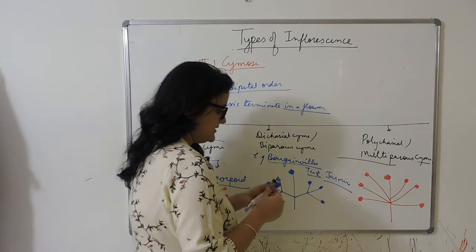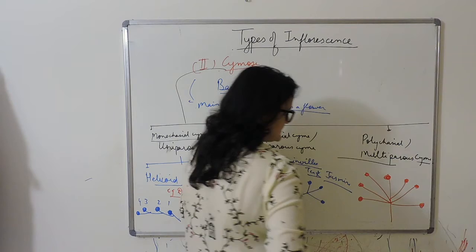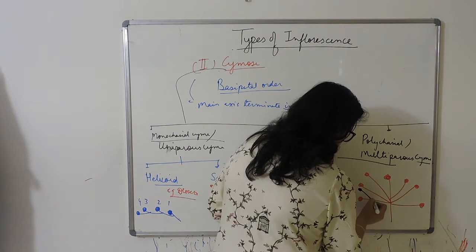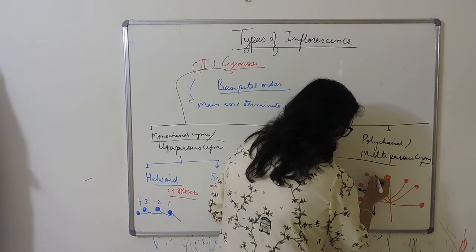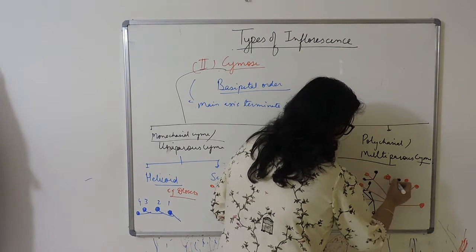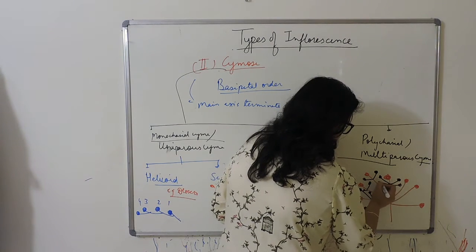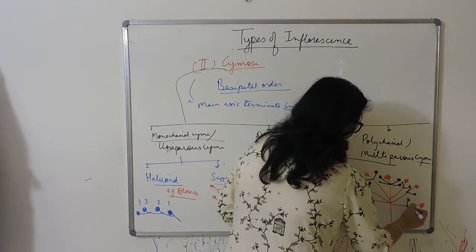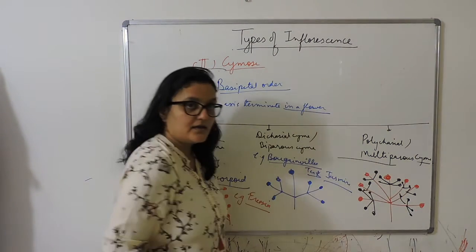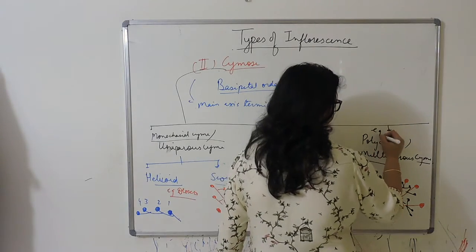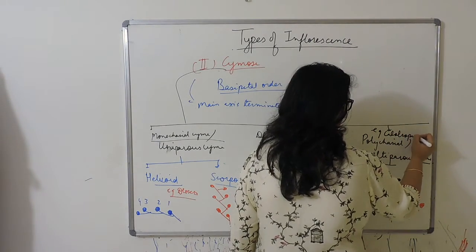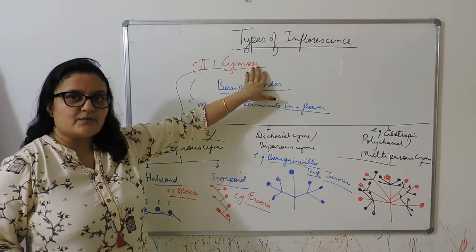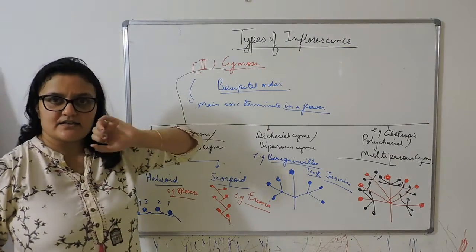And from every branch again many flowers are formed like this. That's why it is known as multiparous or polychasial. An example is Calotropis.